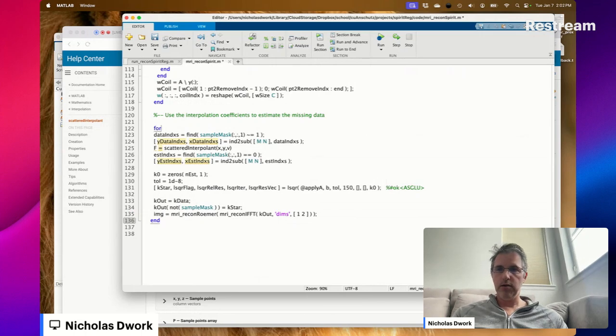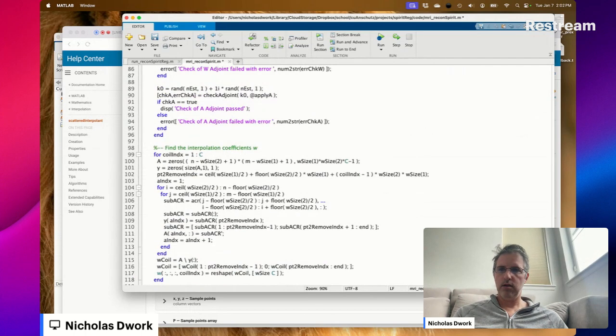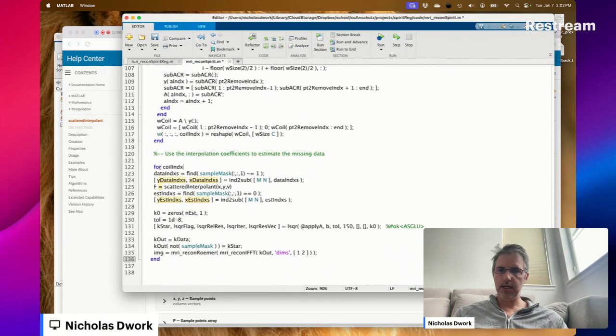We're going to do this for all coils. Now I can use coil index again.